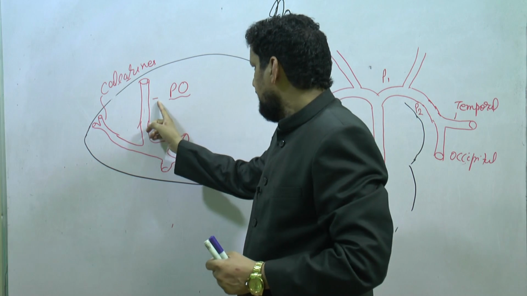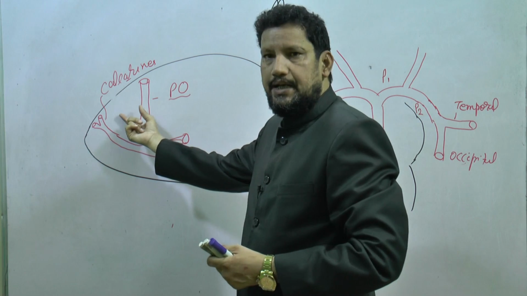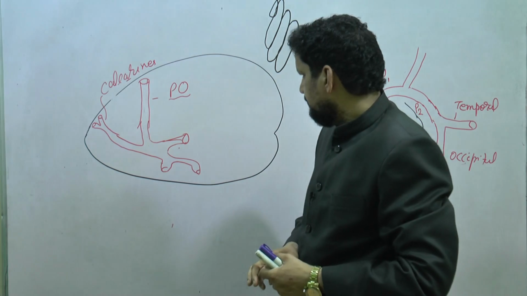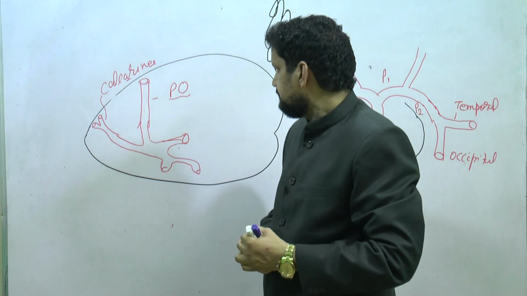The parieto-occipital artery is supplying the precuneus and cuneus area of the occipital lobe and part of the parietal lobe.